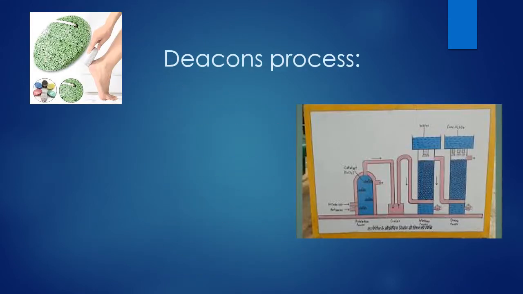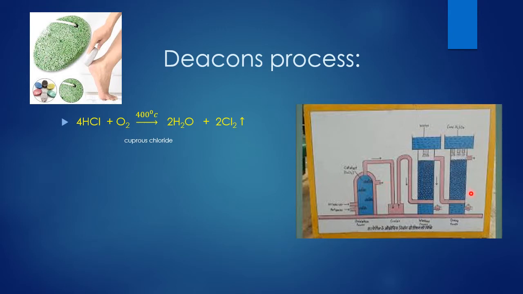The second method of manufacturing chlorine gas is Deacon's process. In this process, a mixture of air and hydrochloric acid, so air, oxygen and hydrochloric acid, will be mixed and passed over a series of chambers.